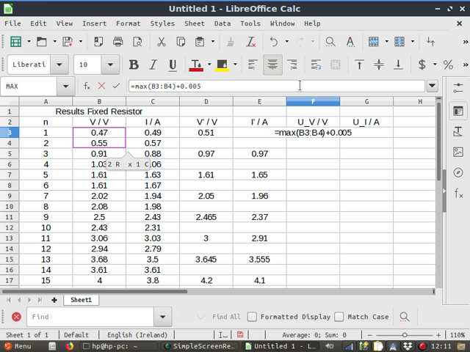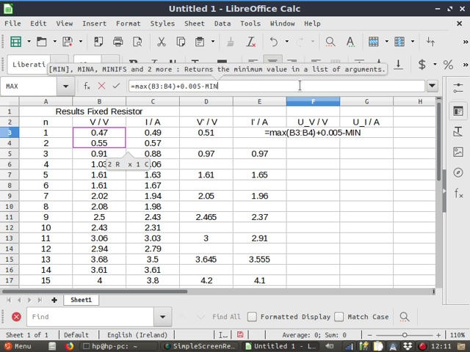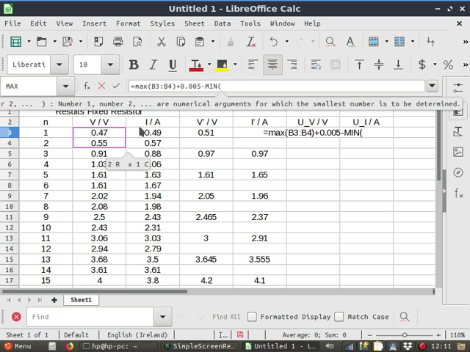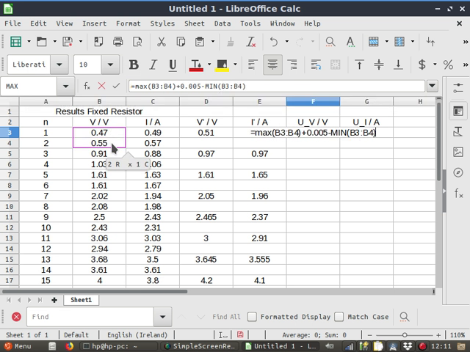Okay? Then we do minus min bracket, highlight, close bracket, plus... But it's also B3, highlight, B4. Highlight this.